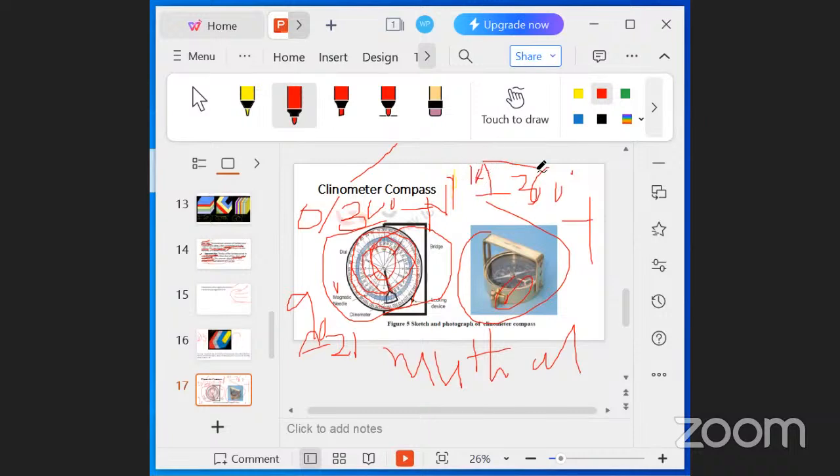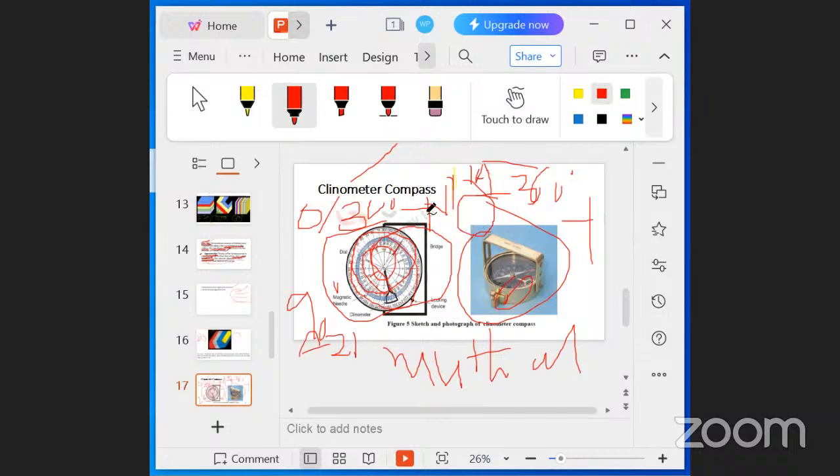It means upside. Then rotate the compass to horizontal so that the bridge and the north-south line of the dial both remain parallel to the line, right?